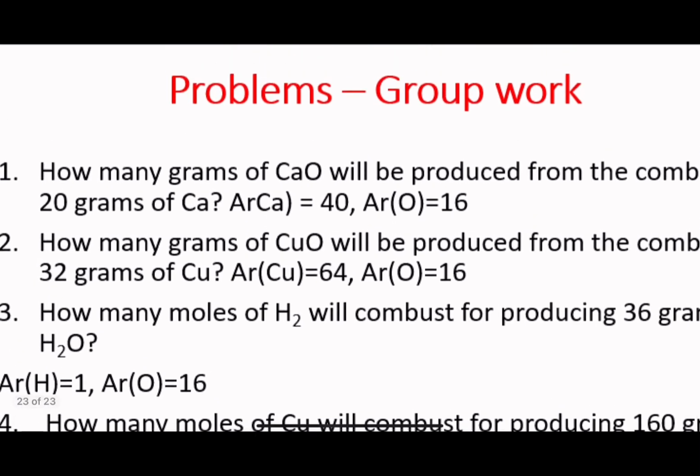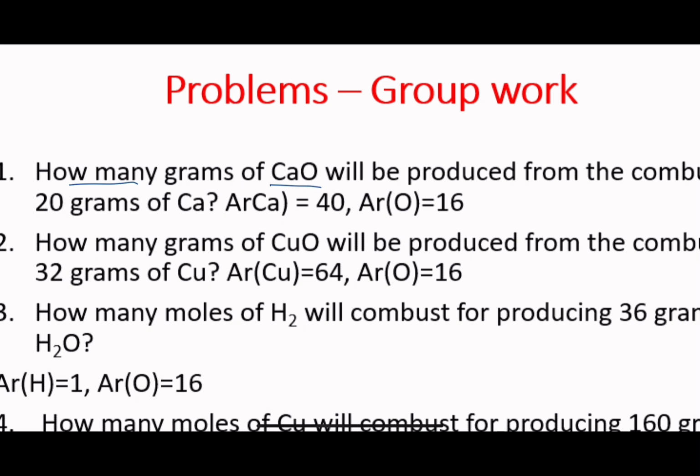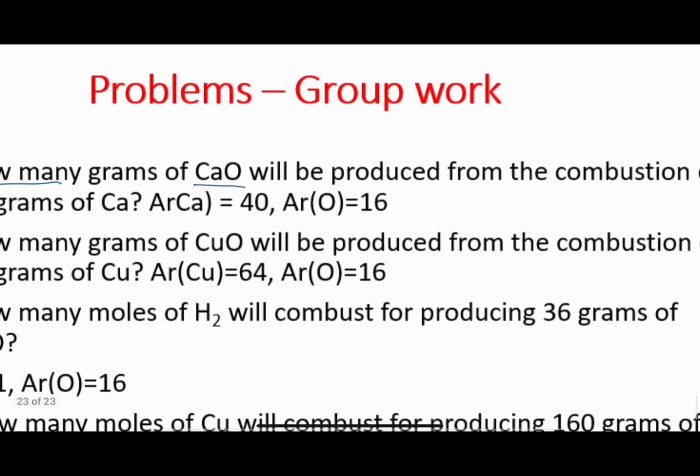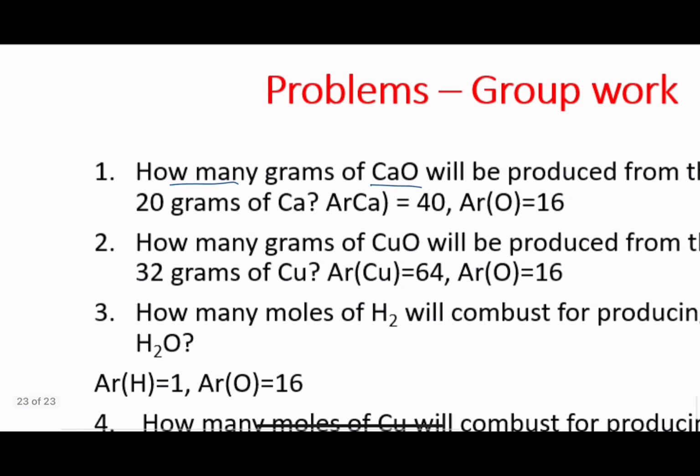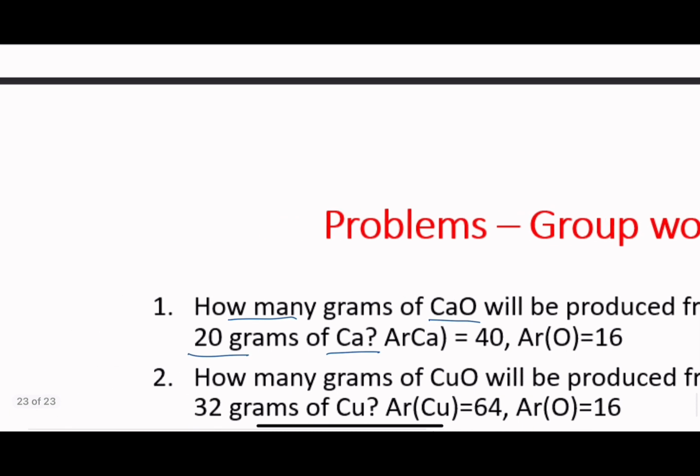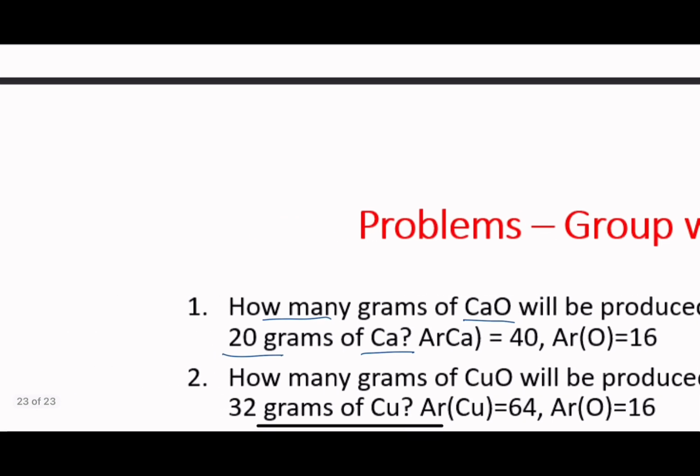So it is telling you how many grams of calcium oxide will be produced from combustion of 20 grams of calcium. So the combustion, it is given here. You will be told about the combustion, like we told you before, that combustion is only when we have oxygen going in and the products have to be CO2 plus H2O.